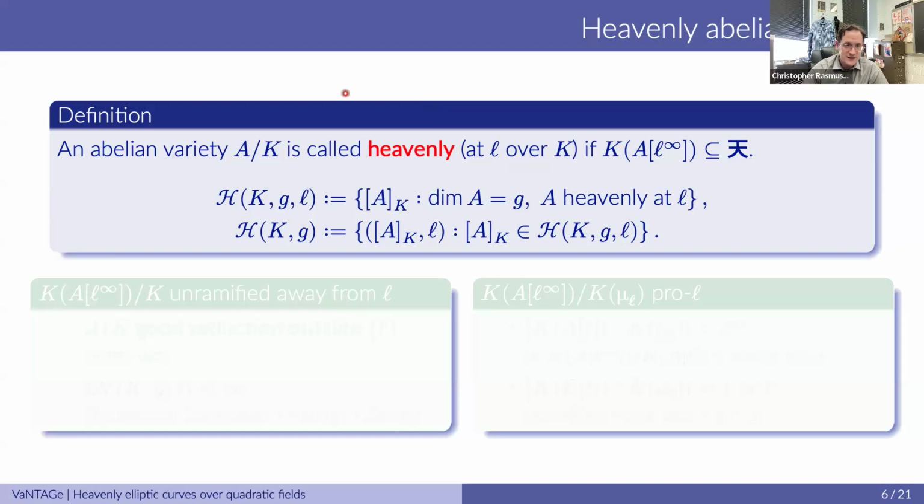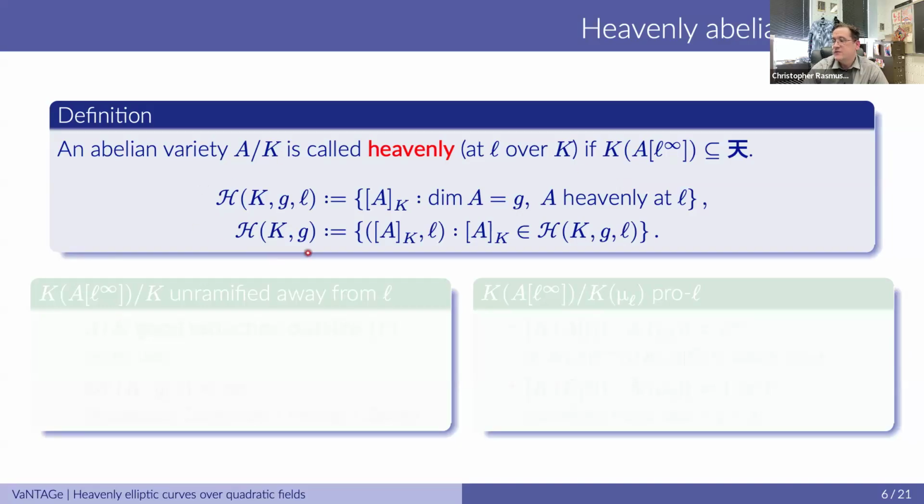And we're going to be interested in questions about finiteness. And so I'm going to define a couple sets here. H_K(g, L) will simply track, up to K isomorphism, abelian varieties which are defined over K, have dimension g, and have this heavenly at L property. But of course, you can ask the question of heavenliness at any particular prime.